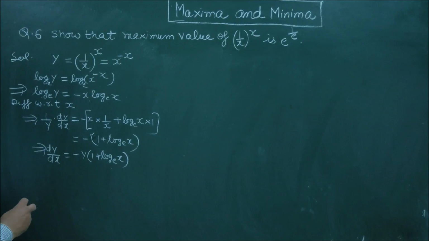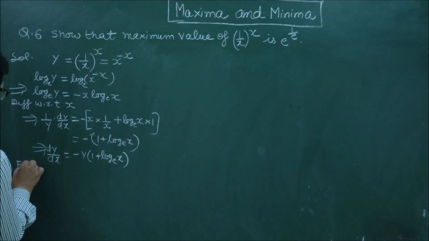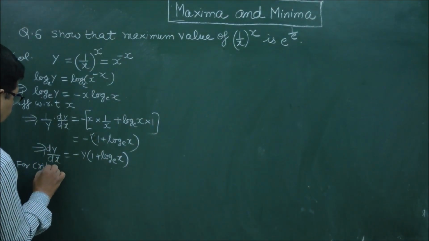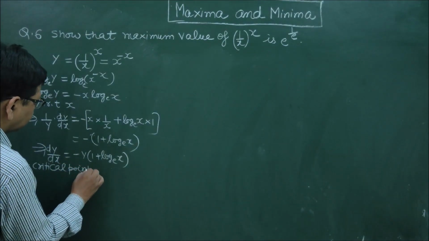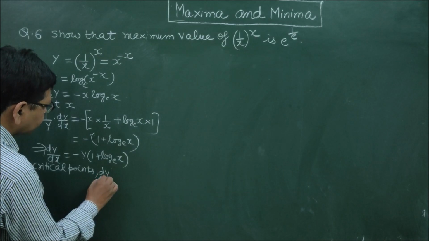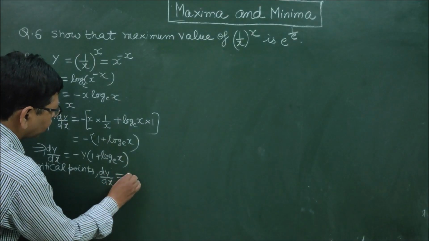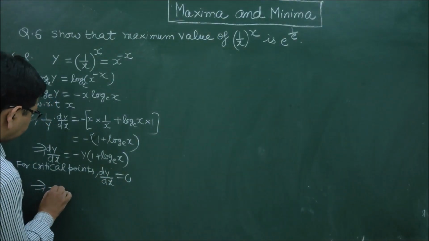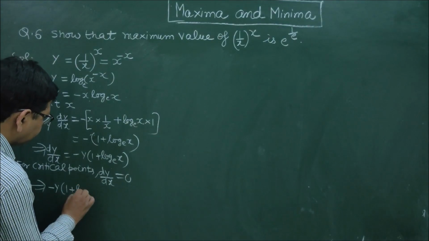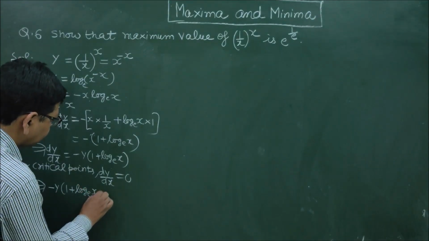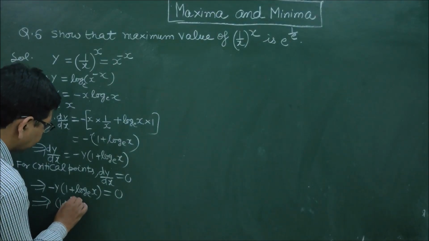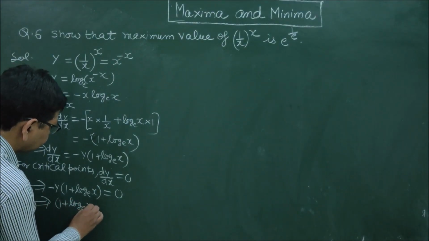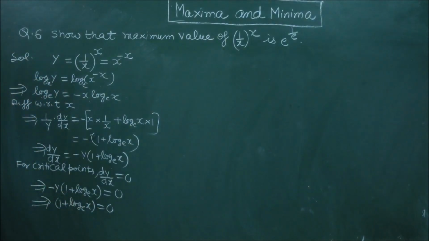Now for critical points, dy over dx must be equal to 0. This gives minus y into (1 plus log x) is equal to 0, which implies that 1 plus log x is equal to 0, because y cannot be 0.